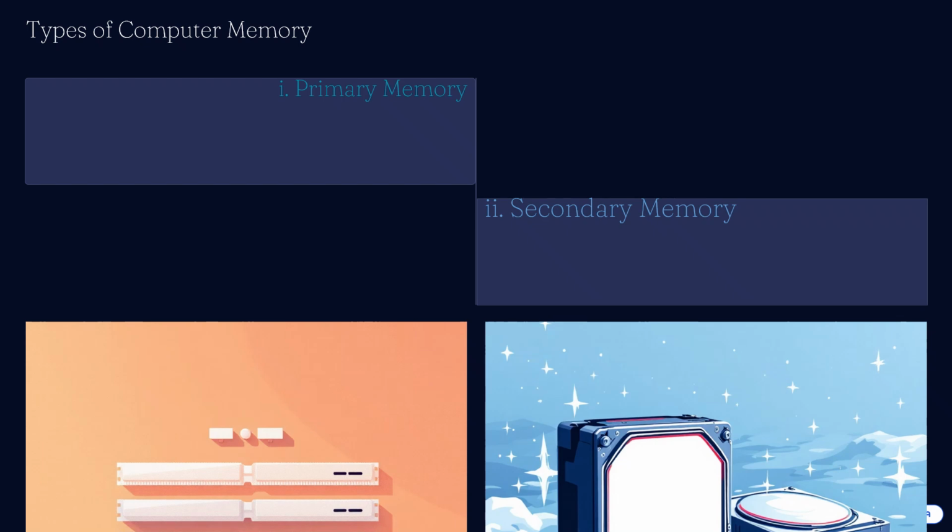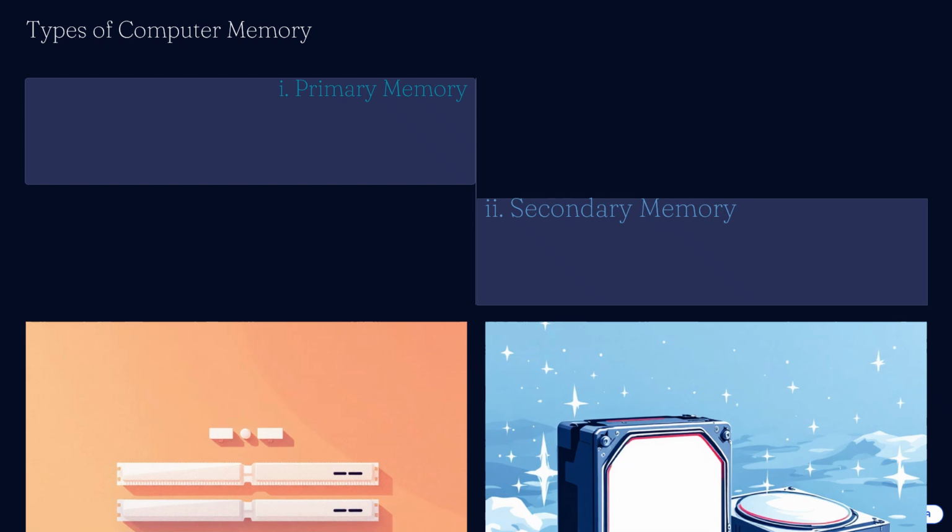This temporary memory stores the data and instructions temporarily. When the power goes off, the data will be lost. It provides fast access for active programs. Examples of primary memories are random access memory and read-only memory.